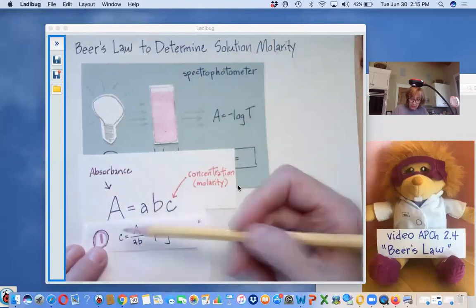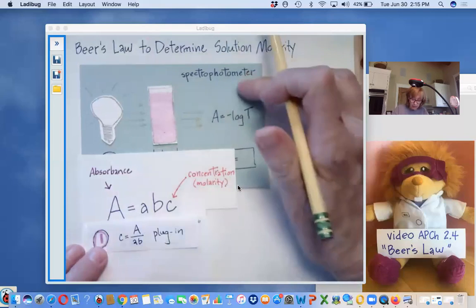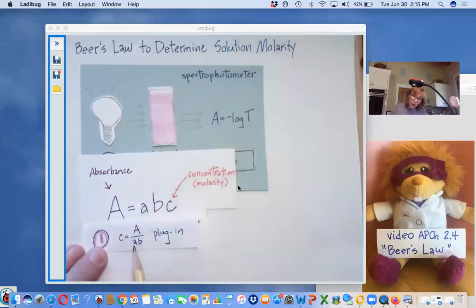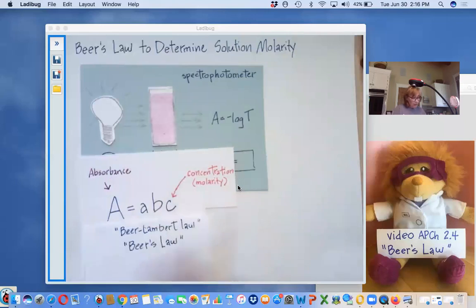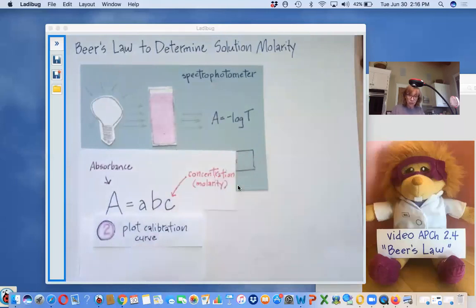Now, measuring the absorbance is easy with the Spec 20, but you would have to know the value of A, the constant, and you would have to know the exact path length in centimeters. If you did know all of that, you could calculate the concentration. Truthfully, we don't use Beer's law in that way very often. What's much more likely is for us to plot a calibration curve. So let me show you an example.